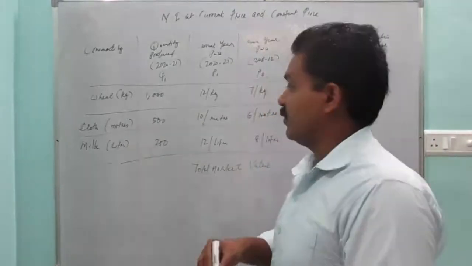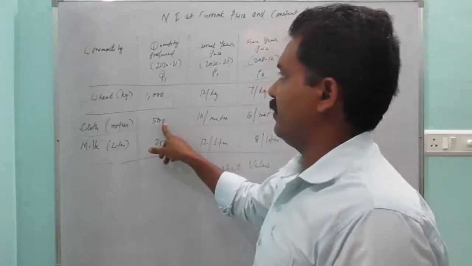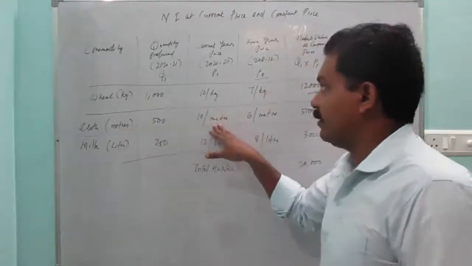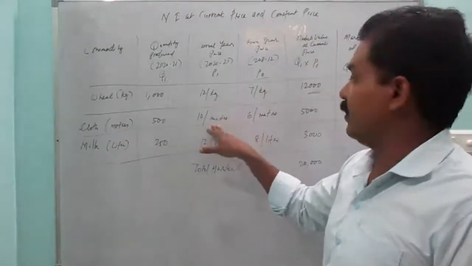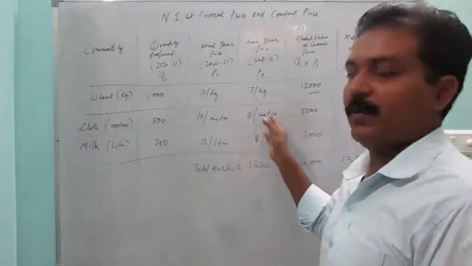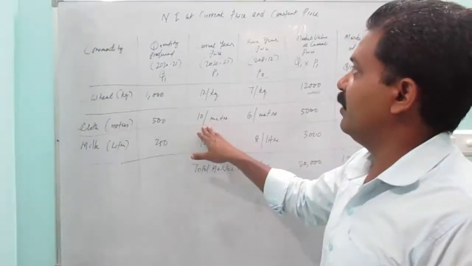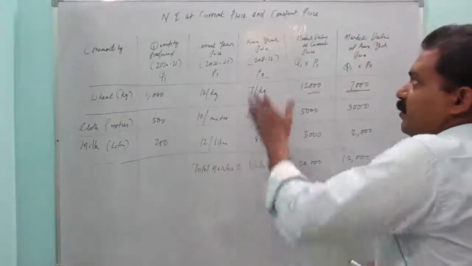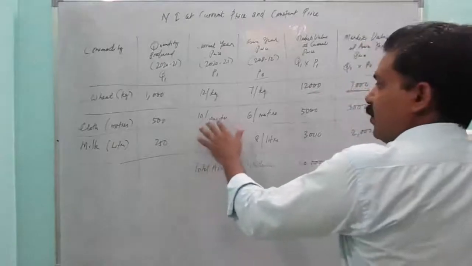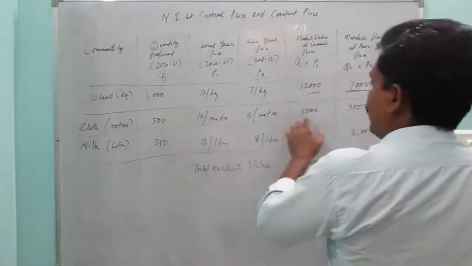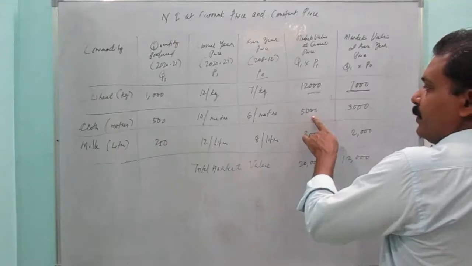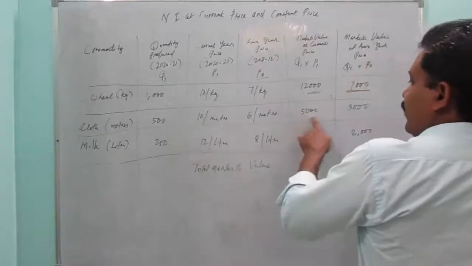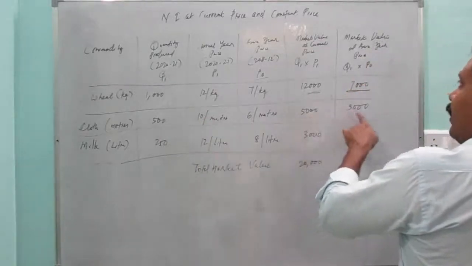Like this, for all commodities. Cloth, 500 meters produced, and the current year price is 10 per meter, base year 6 per meter only. So the market value as per current price will be 5,000, that is 500 into 10.